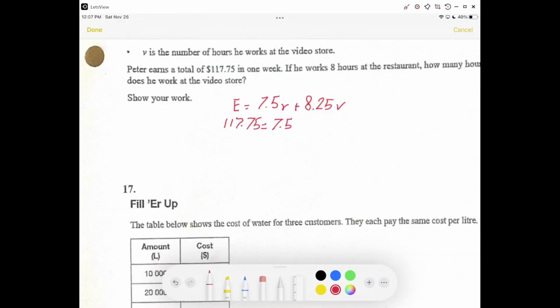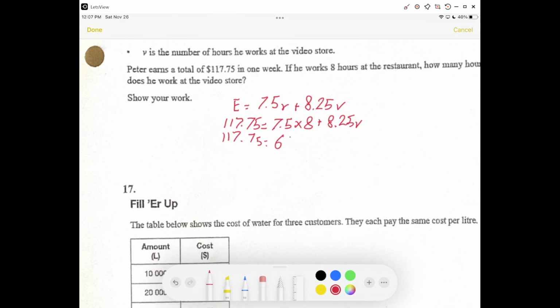Plus 8.25V. Alright. So now what we're going to do is multiply 7.5 by 8, and 7.5 times 8 is 60. Sorry, I wrote that weird.